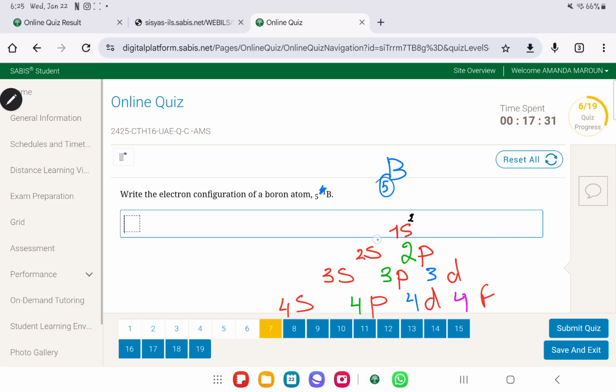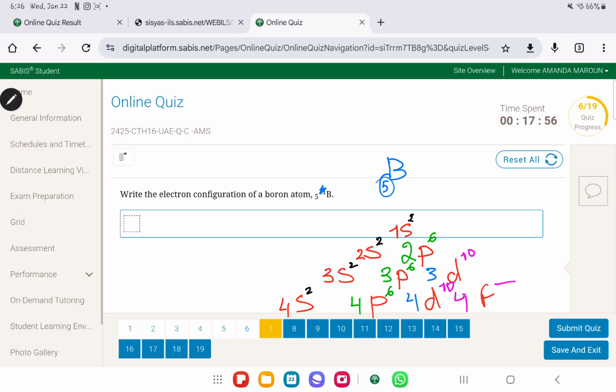That means 2 electrons fit in S. And P is always to the power of 6. That means 6 electrons can fit in P. D is maximum to the power of 10. And F, I kind of forgot, so I'm just gonna leave it blank for now because it's not important.